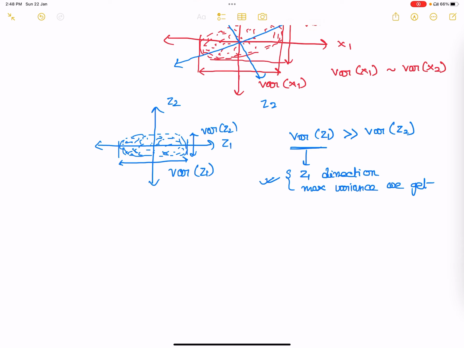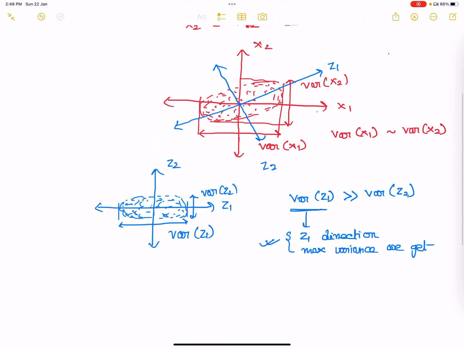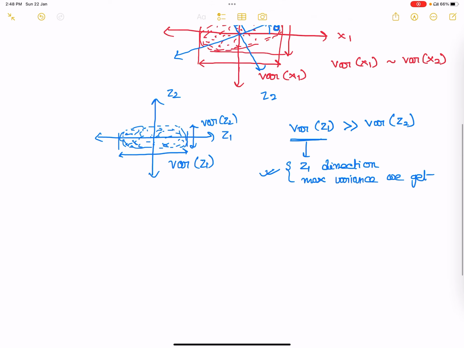Now, going into the mathematics a little bit, what is actually happening? The x1 and x2 coordinate system I have rotated anti-clockwise by an angle theta. Then only these z1 and z2 coordinates came, and between z1 and z2 there is a 90-degree angle, just as x1 and x2 also have 90 degrees. We know that z1 and z2 can be written mathematically as z1 equals x1 cos theta plus x2 sine theta.